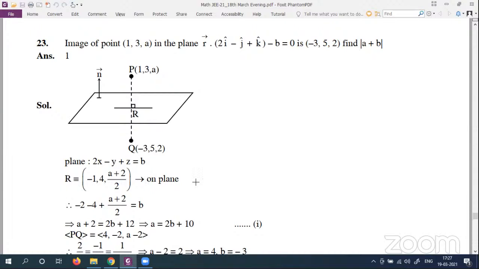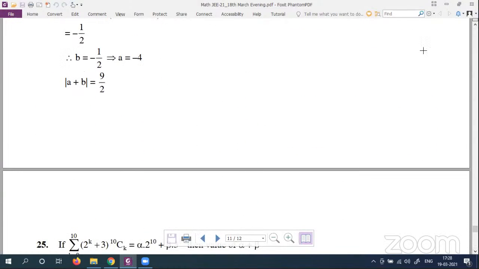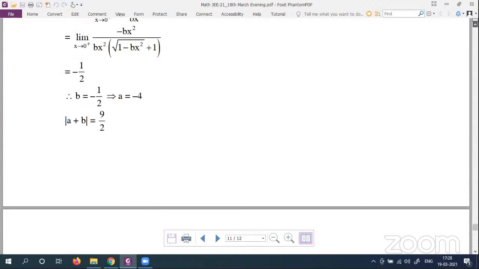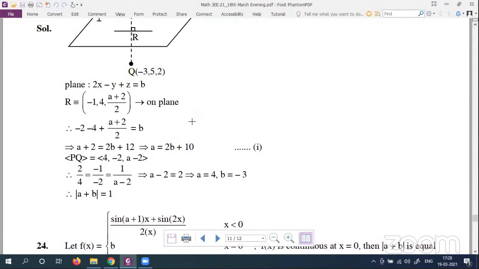The midpoint of these two should lie on the equation of the plane. So from that we get one equation in terms of A and B.